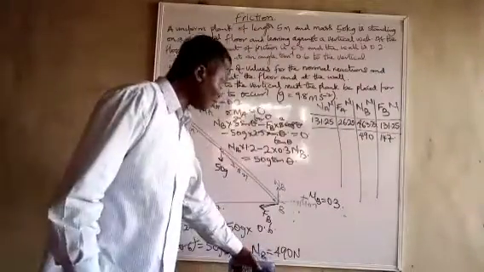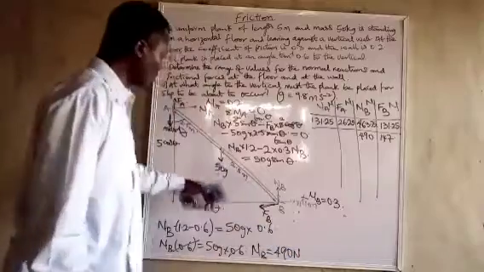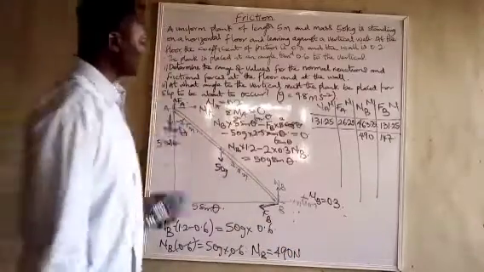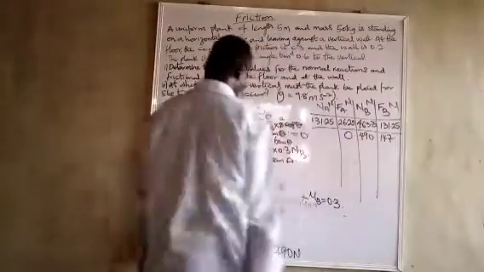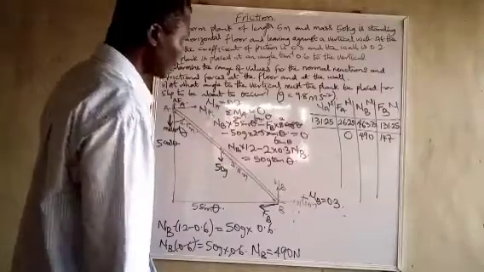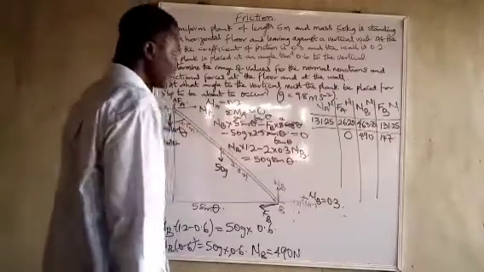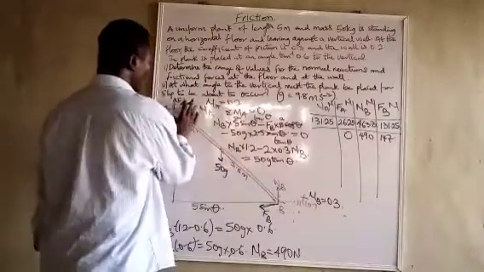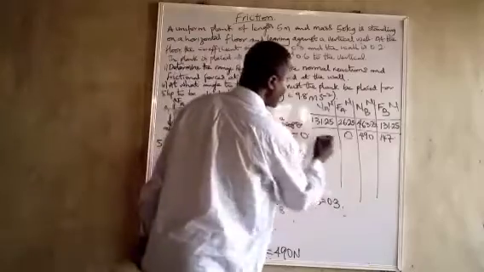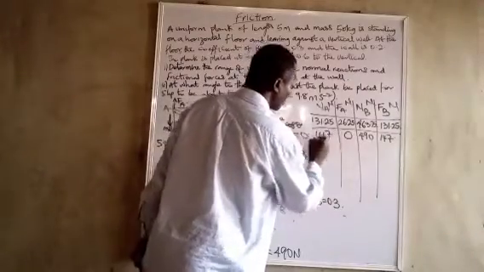And if you look at this now, if NB is 490 and this one is 490, it means that FA is 0. And NA, because FB must be equal to NA, NA will be equal to 147.